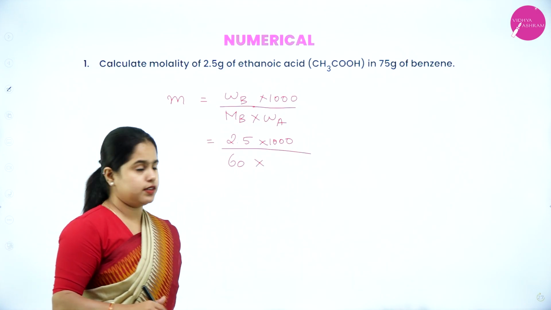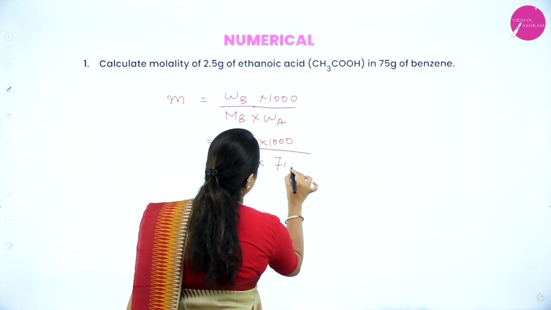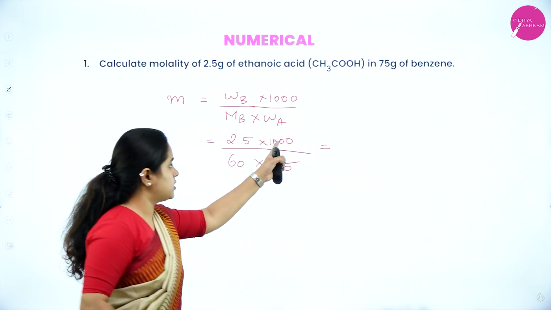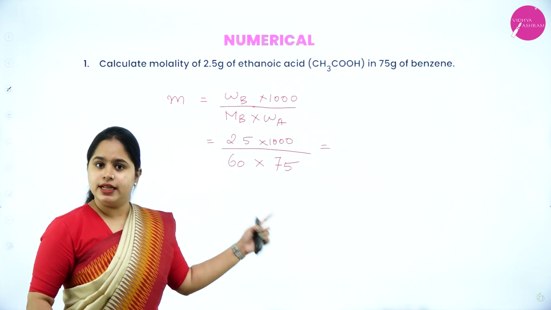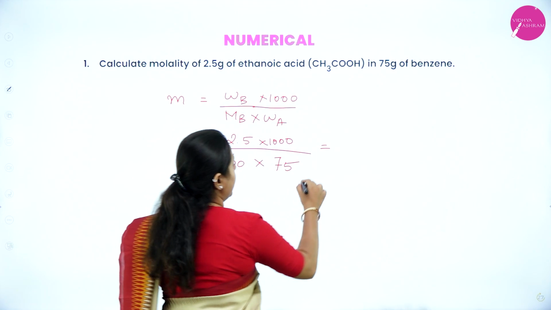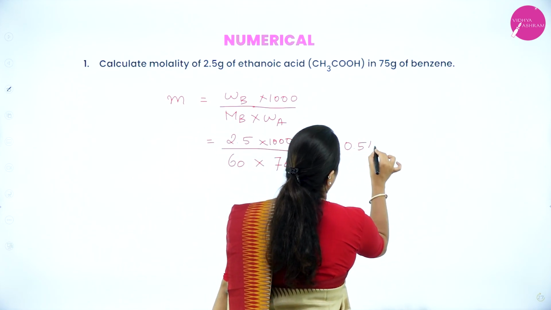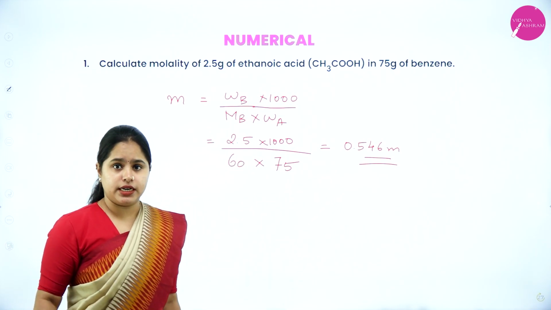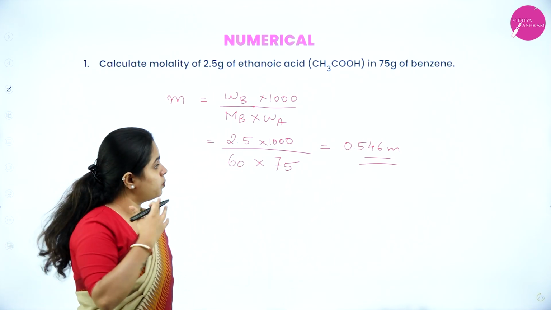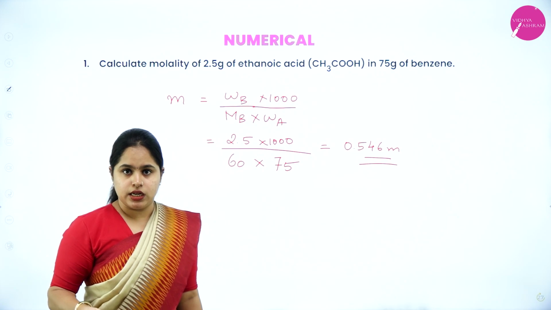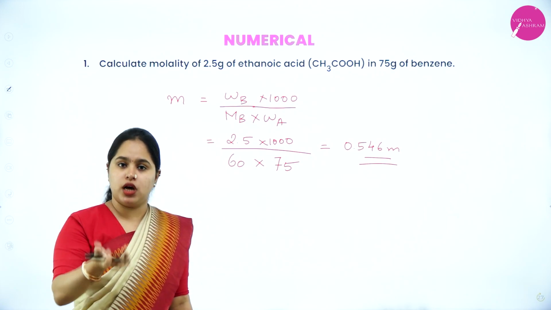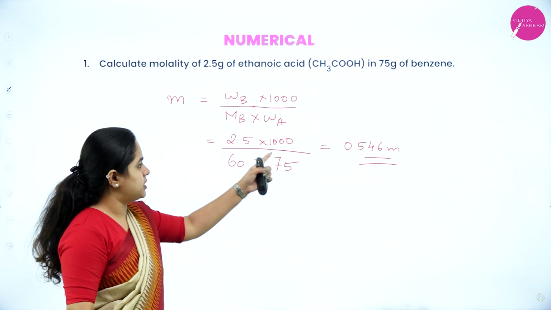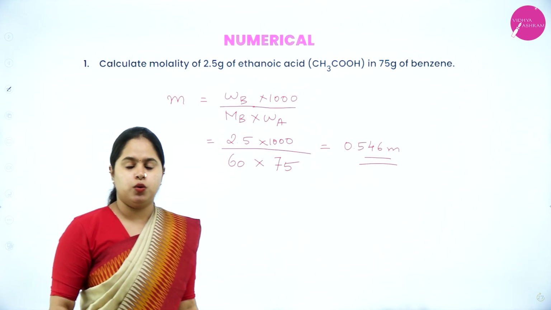So into 75. So this 1000 is used to convert into kilograms. So what is the final answer then? 0.546 molal. So this small m that I have written here, you have to spell it as 0.546 molal. And if it is capital M, it is molar solution. Clear? So we calculated the molality. I hope it is clear.